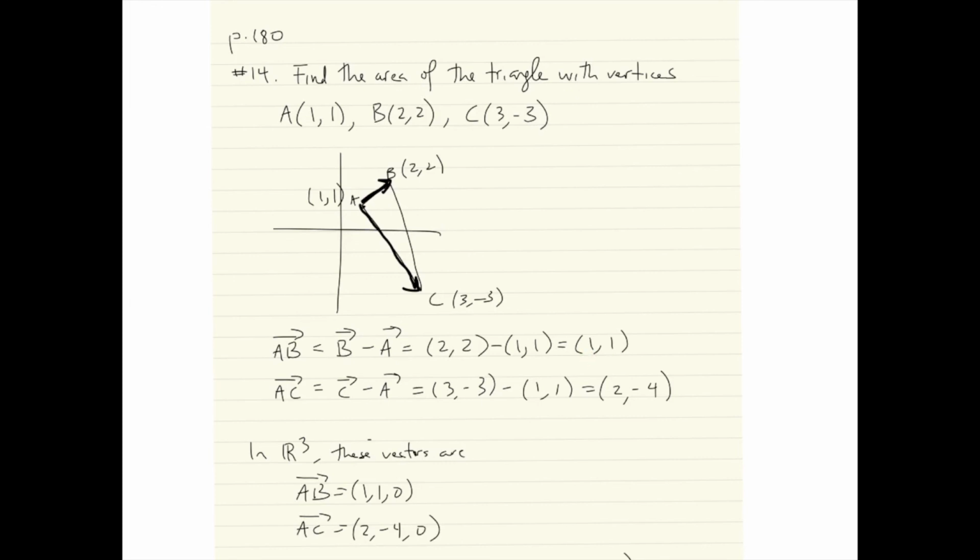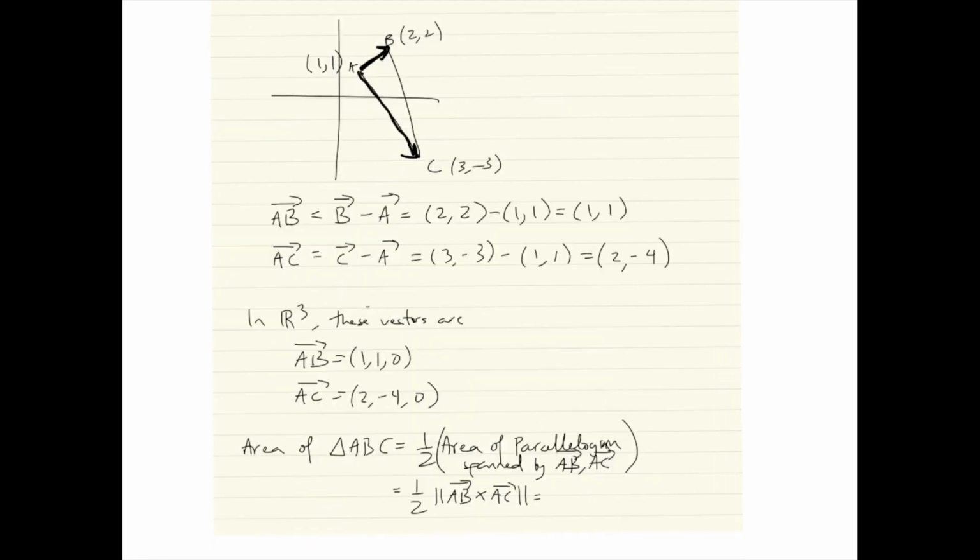All right, similarly, AC is C minus A. Here's C, here's A. Doing the subtraction, we get this. Now, in R3, these vectors you just tack on an extra 0. The reason we're going to jump to R3 is the area, remember, is given by the cross product. The area technically of the parallelogram is given by the cross product. The triangle will be half that area.